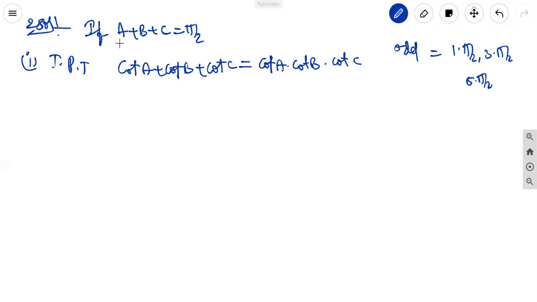First, we take A plus B, since A plus B plus C is equal to pi by 2.